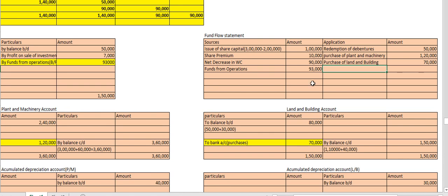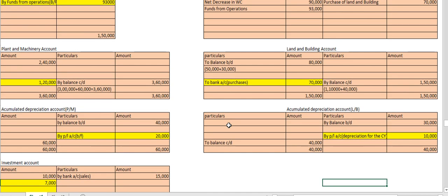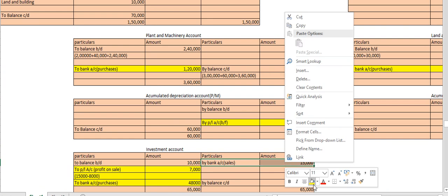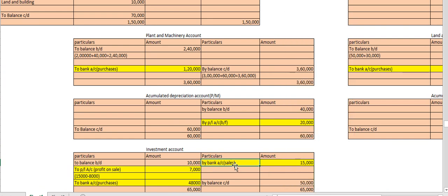Next we have the investment account. In the investment account, basically we have a by bank account entry which is sales and a to bank account entry which is purchases of investment. So the purchase of investment will come under your application of funds and sale of investment will come under your sources of funds.